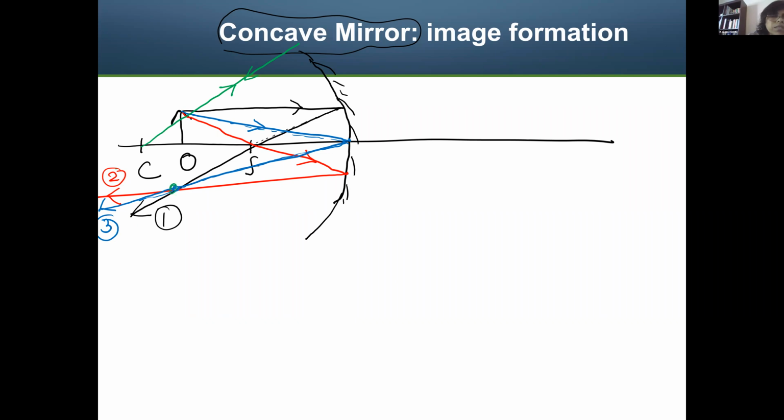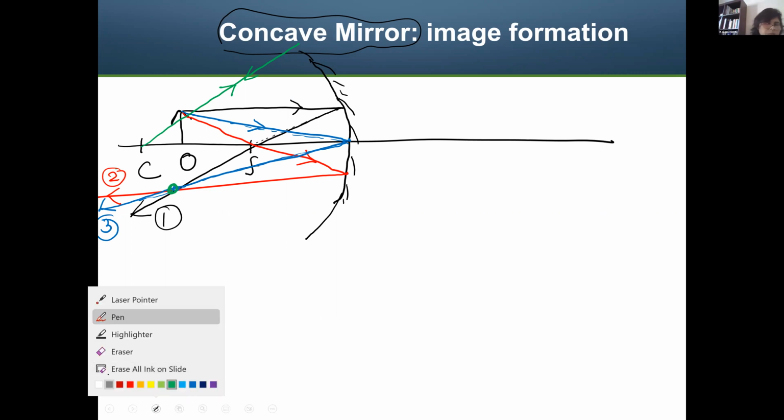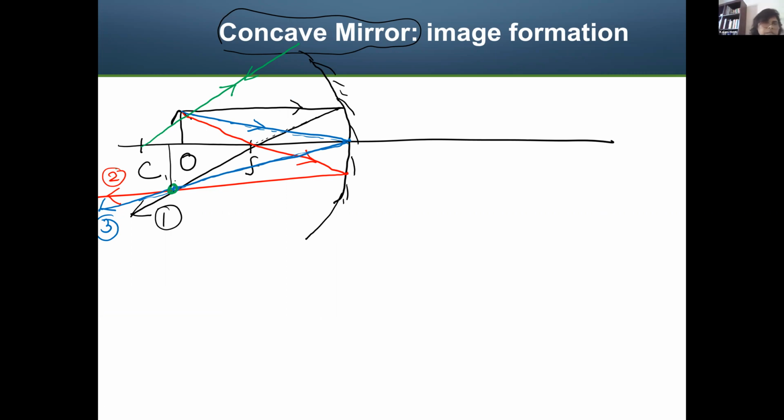That means this point should actually move a little to the left to be in the correct place, right? If I do it using protractors and rulers, I'm going to get the exact same intersection point. That is where your image is located. So this is where your image is going to be located. Those are the four rays that we can draw for a concave mirror and also a convex mirror.